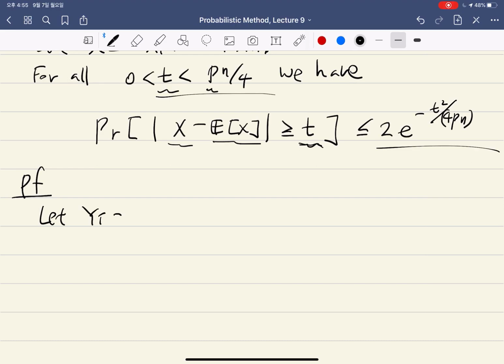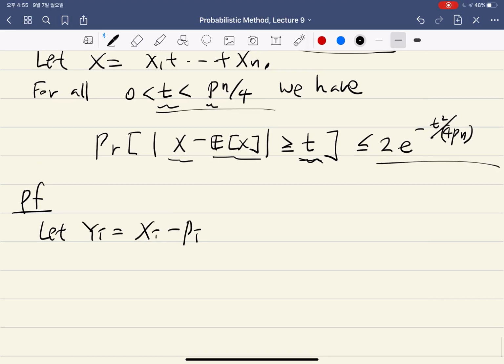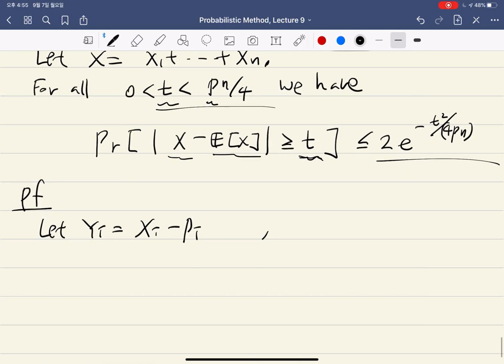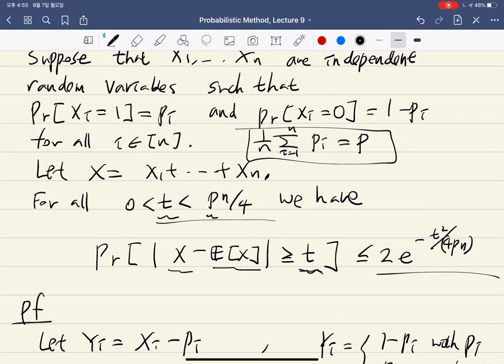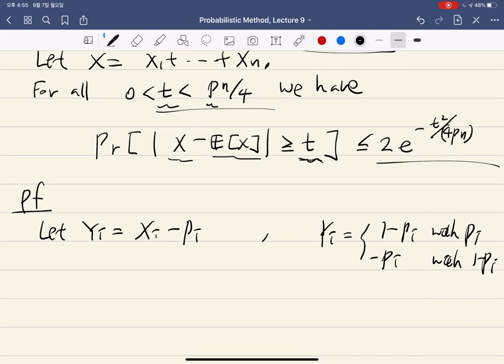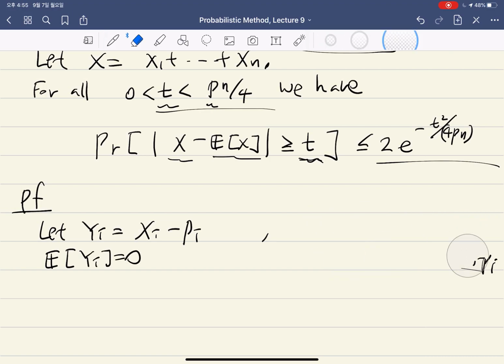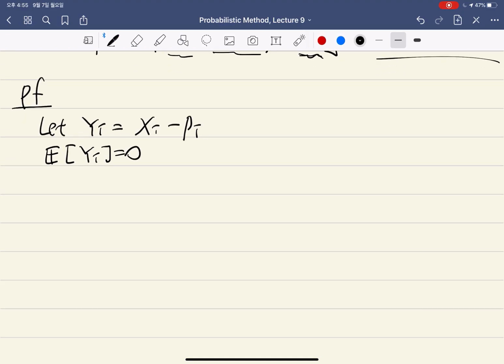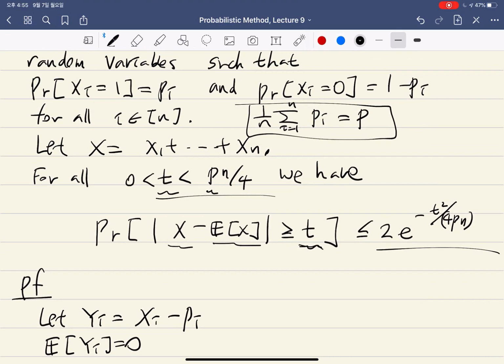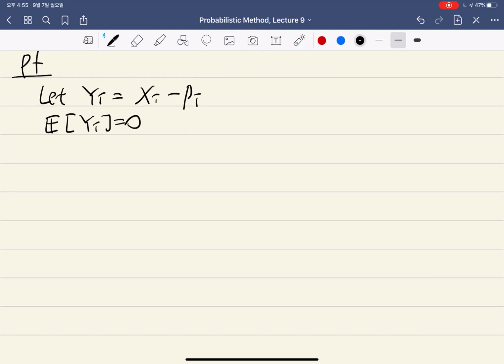So let yi be xi minus pi, which is 1 minus pi with probability pi, and negative pi with probability 1 minus pi. Because of this, we know that the expectation of yi is actually 0. This is a kind of normalization, so that we make the expectation 0.